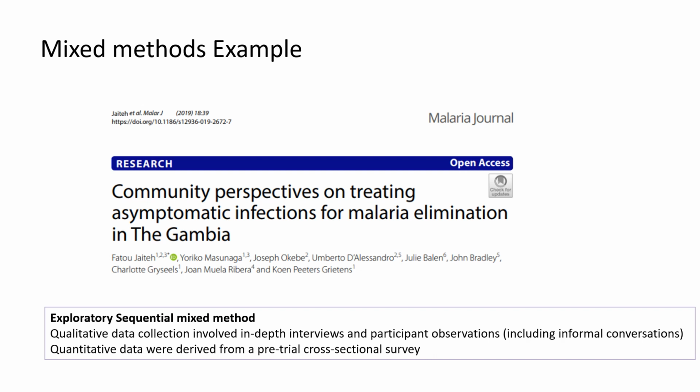And so based on what they found, they now went on to do a quantitative data analysis using a cross-sectional study. And these were all done before the trial that was planned. So there was a trial that was planned, which was a clustered randomized trial, where they were looking at reactive treatment for contacts of clinical malaria living in a particular compound. So this was exploratory sequential methods of mixed method.